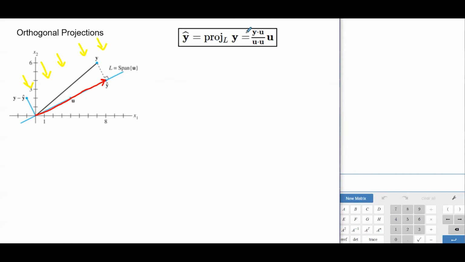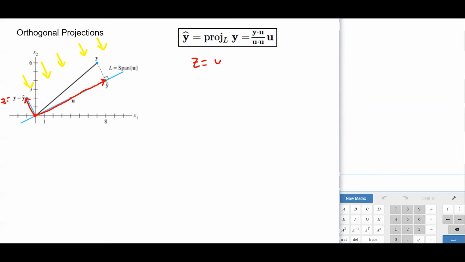So we have a formula here. Let's talk about this for a second. Look at a vector that's orthogonal to u and orthogonal to this line, such that when we add that vector to the projection, we get y. We call this vector z.